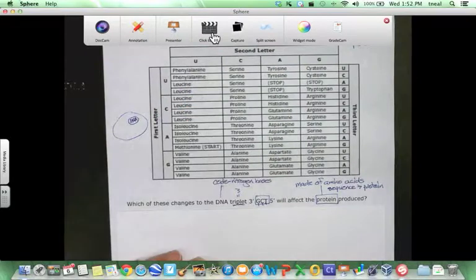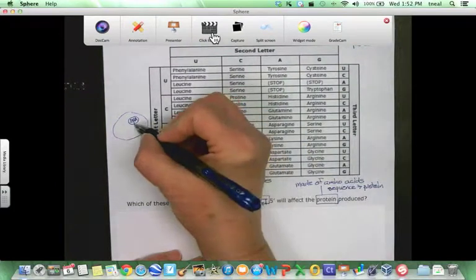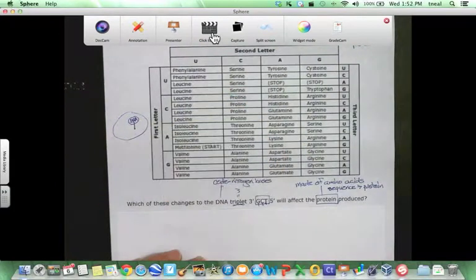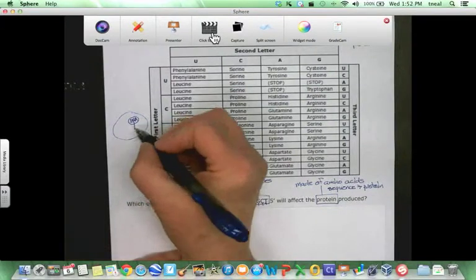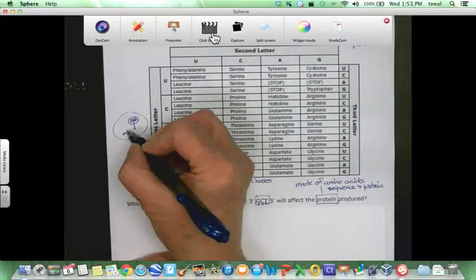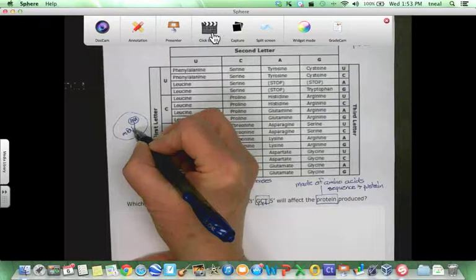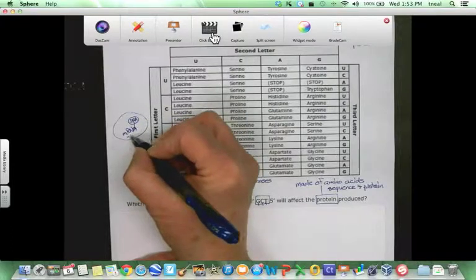But that DNA, that genetic code, needs to make it out of the nucleus to a protein site or protein builder. And what carries that code is something called messenger RNA. And it is going to help to make the protein.